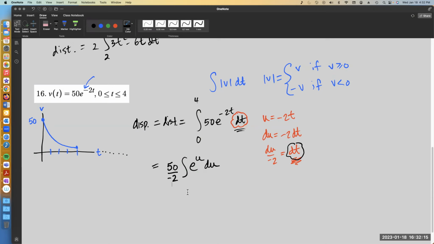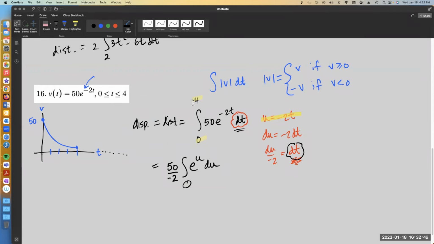And now we have to focus on our limits of integration. So this equation right here relates u and t. And right here, these limits of integration are t limits. And so we're going to want to convert those over to u limits. So if I plug 0 in for that t and simplify, we get that u is 0.